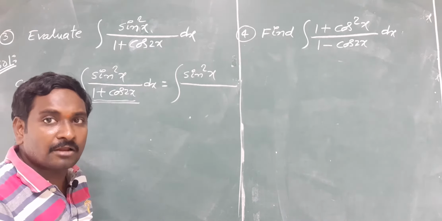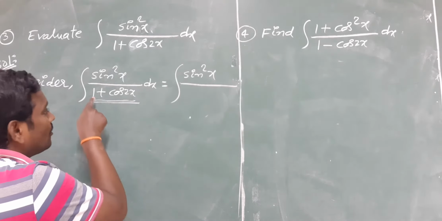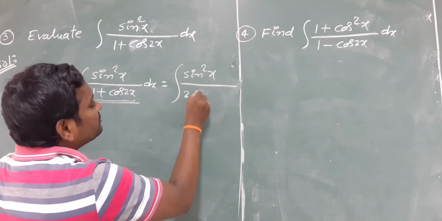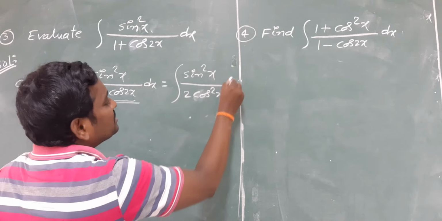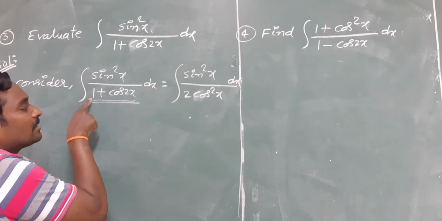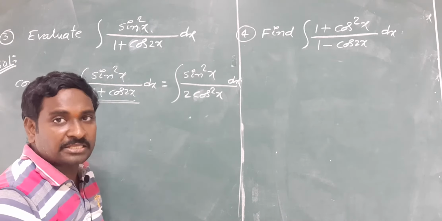From the first year trigonometry knowledge, we know that 1 plus cos 2x is 2 cos square x, into dx. If it is 1 minus cos 2x, then 1 minus cos 2x is equal to 2 sin square x.